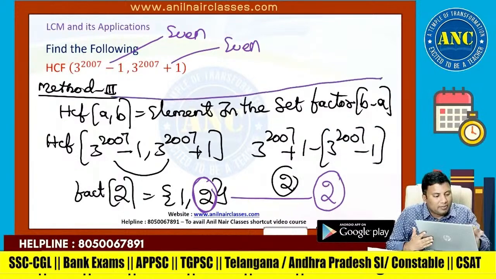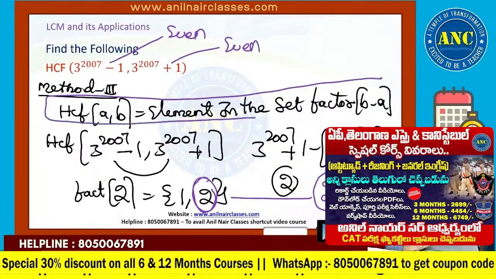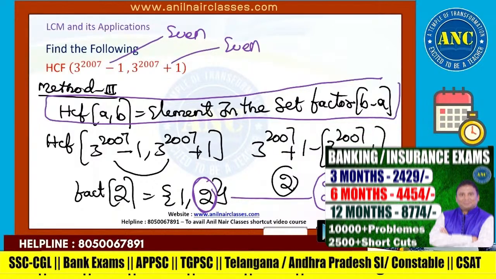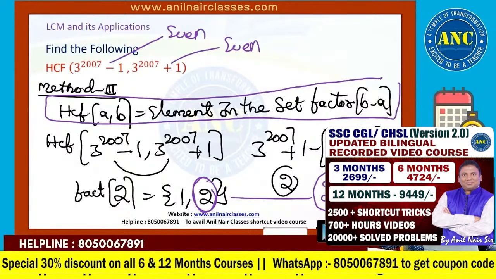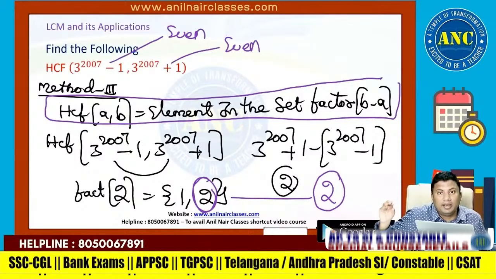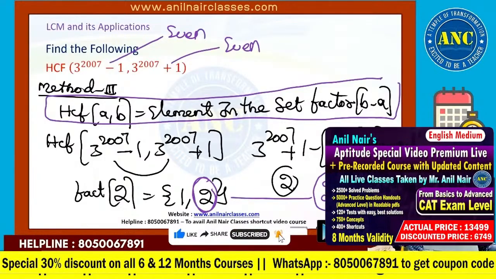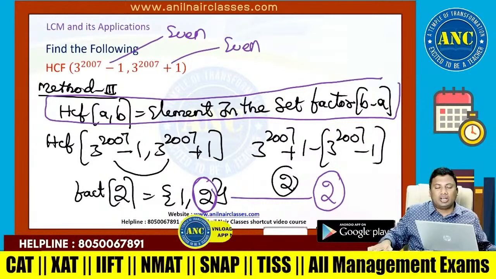Method 1 is the congruence modulo theorem: HCF of a comma b is HCF of a comma b minus a. Method 2 is the number tree method: find out the nature of the number, whether it is odd or even.